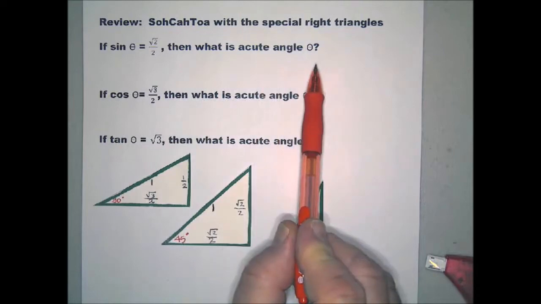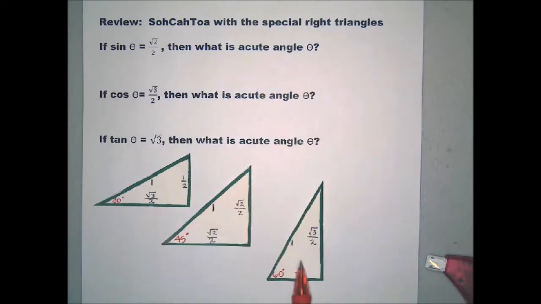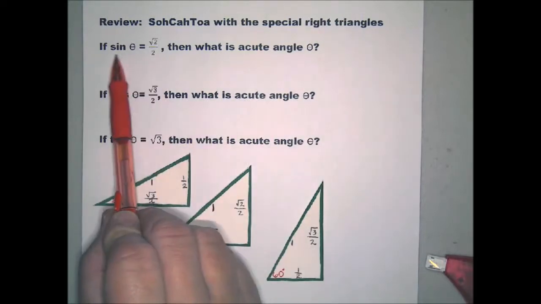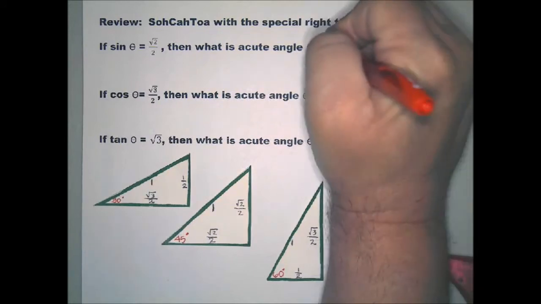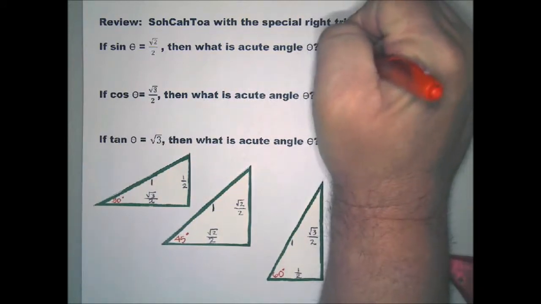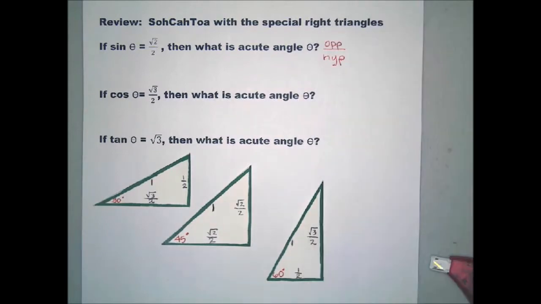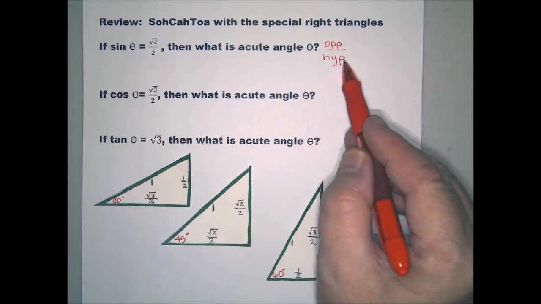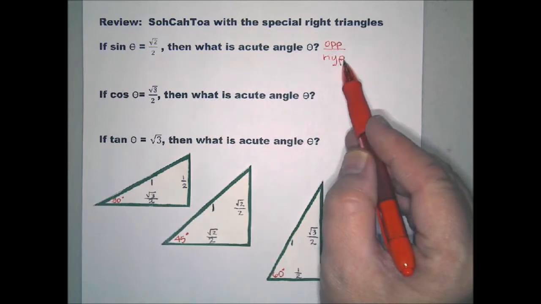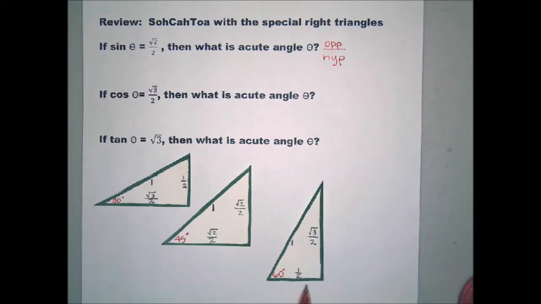Now, if the sine of theta is root 2 over 2, then what is the acute angle for theta? Well, which one of these has a sine value of root 2 over 2? Well, you have to remember sine is opposite over hypotenuse. So, since each one of them has a hypotenuse of 1, you're really just looking for which one of these angles has an opposite value of root 2 over 2.